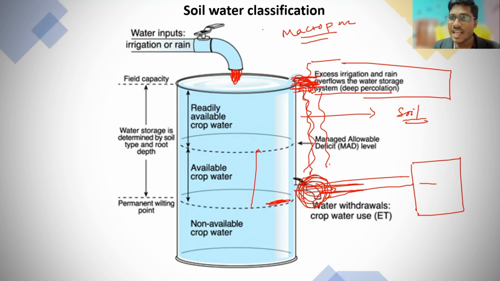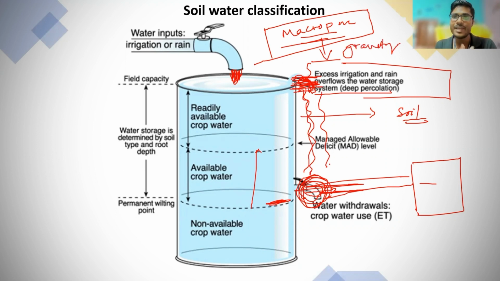Here that adhesive force is not sufficient to hold the water in the macro pores, so due to gravity the water will be drained out. This is the excess point, and this is the point above which water is available to the plant, and this is the permanent wilting point, below which water will not be available to plants.